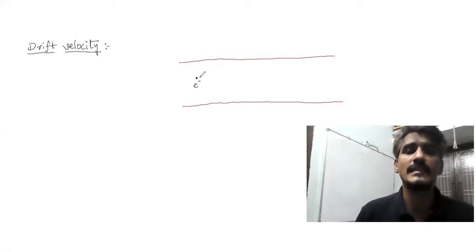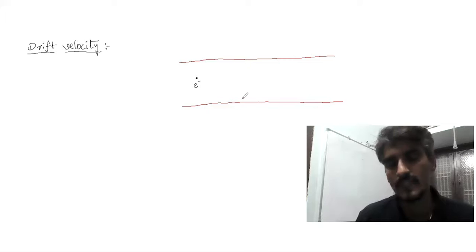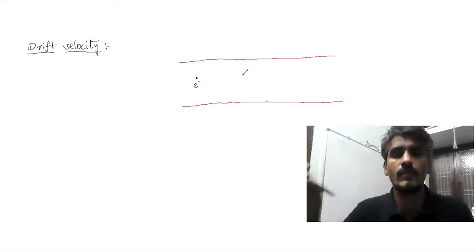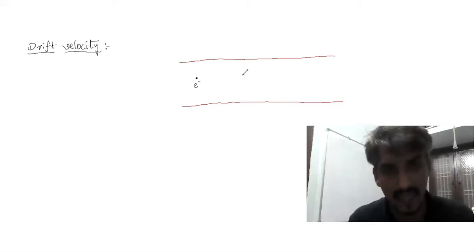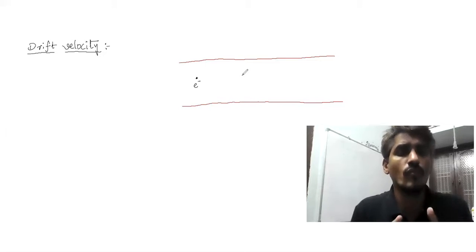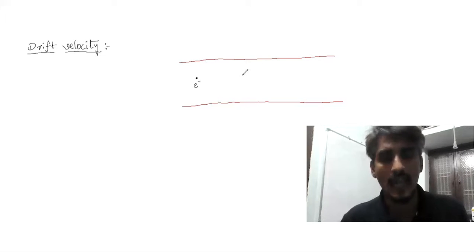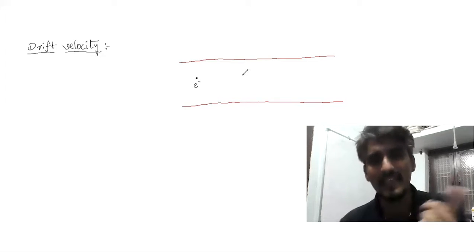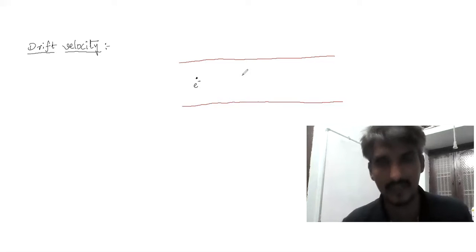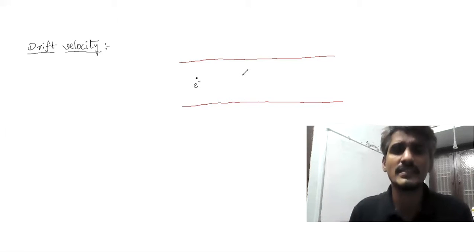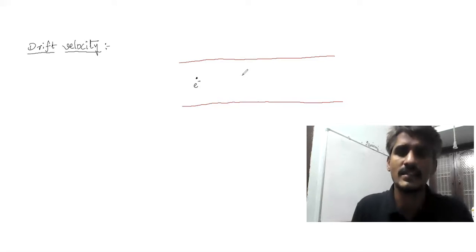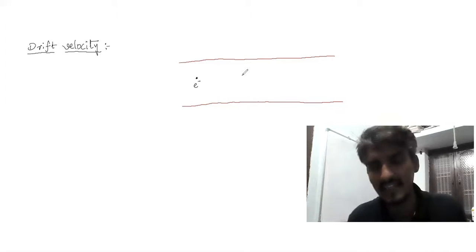Whenever these electrons come out of the atom, they will be moving here and there in a random manner. So obviously we can say that there is no actual energy source for the electron. Is there any energy source? There's nothing. But the electron is gaining certain energy and it is moving. It is gaining kinetic energy.